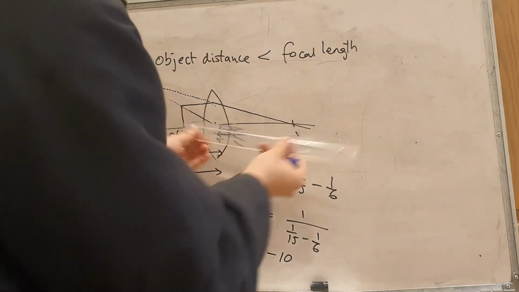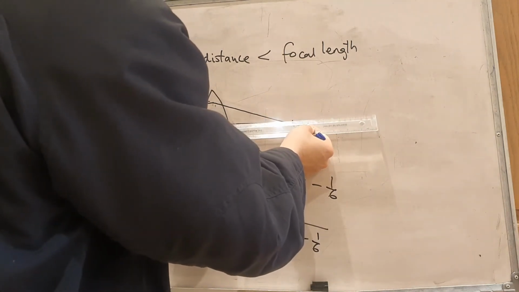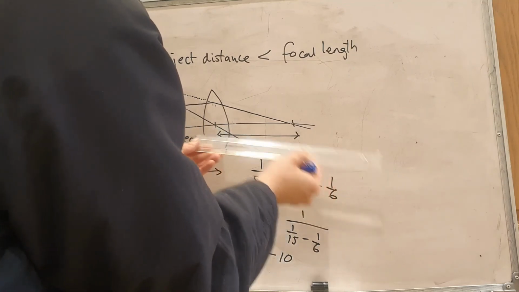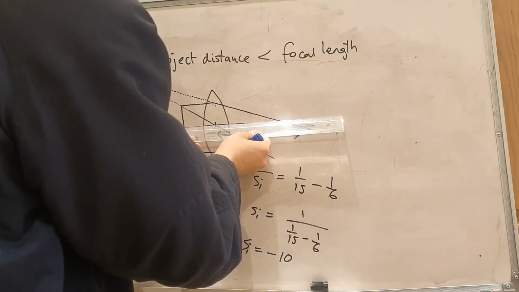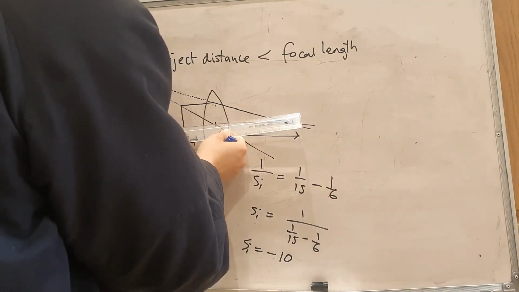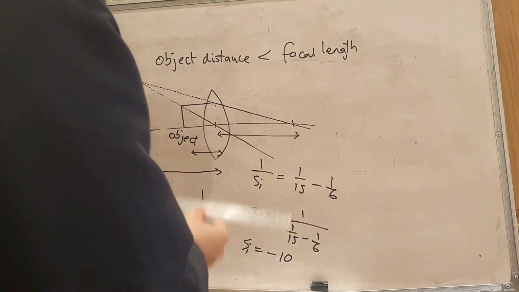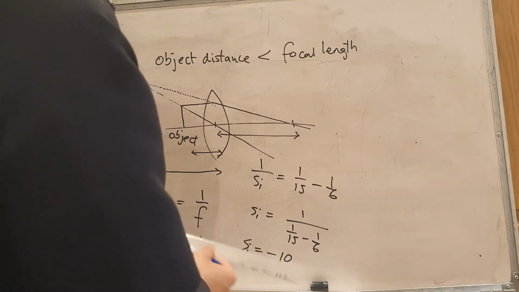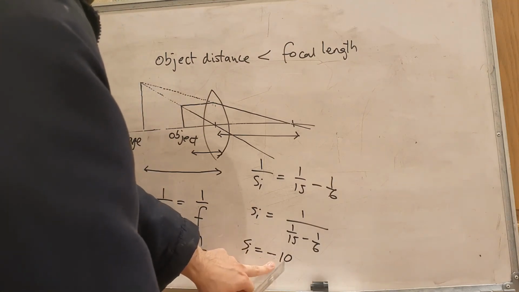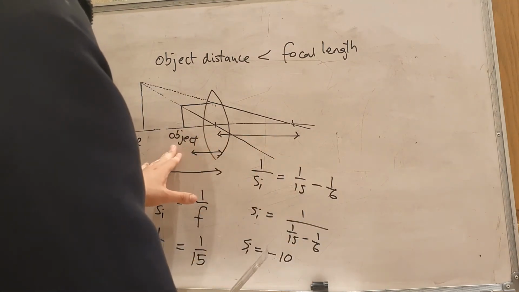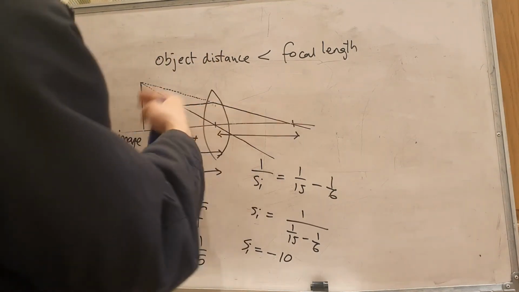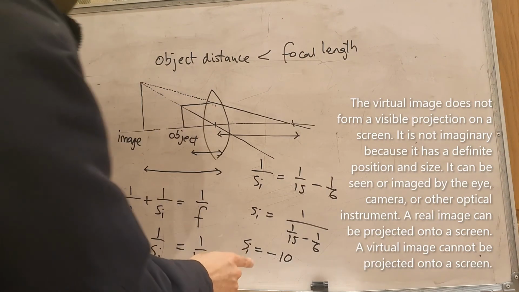Where have we gone wrong? That's 15, the focal length, and the object is 6. Well, the main thing is that it's negative. I know the drawing is not very accurate, because the way I've drawn it, it's not very straight.